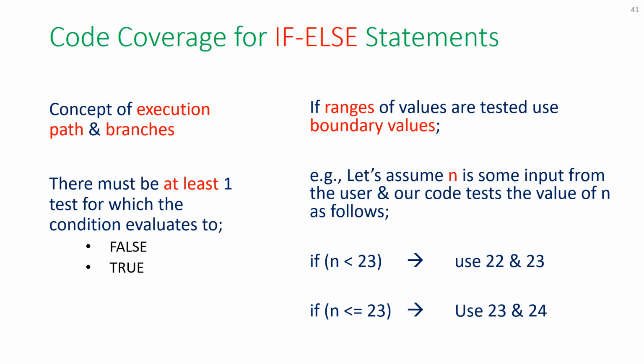So this is the first value that gives me a true. This is the first value that gives me a false. Looking at that separation, 23 is a limit. So I test both sides, to make sure that the code differentiates properly whether I am in that scenario or not. And that's just for one if statement.